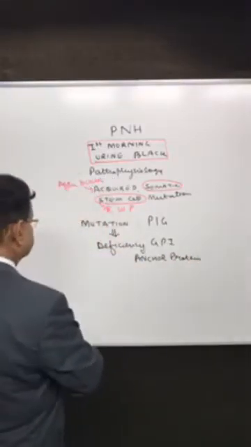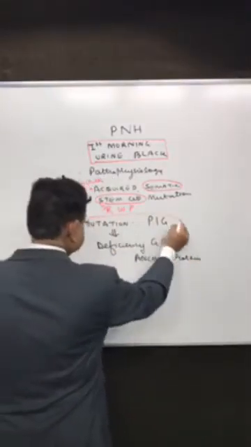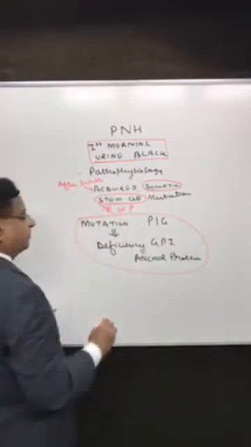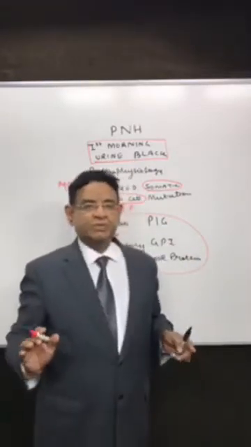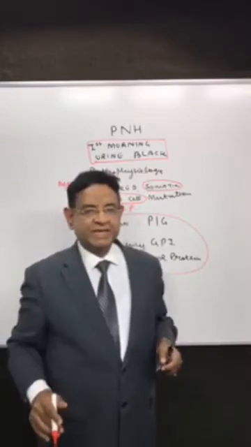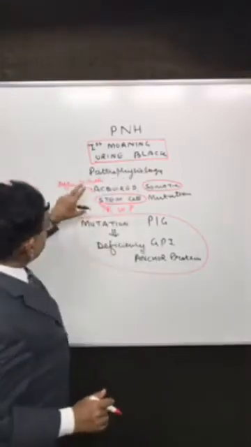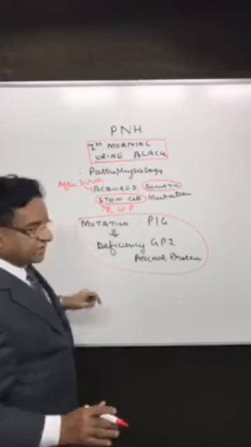Now, let's learn this information that I have written for you. Unless you know the basics, you will never understand what is happening in PNH. So till now, you are clear that we are talking about a stem cell disorder.